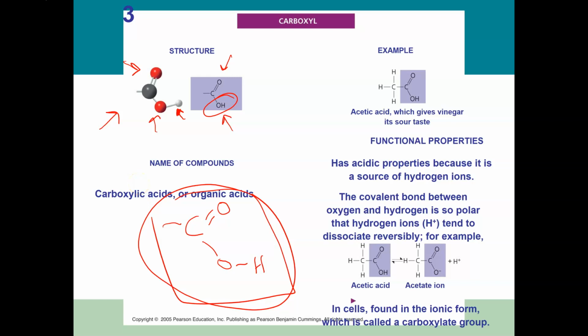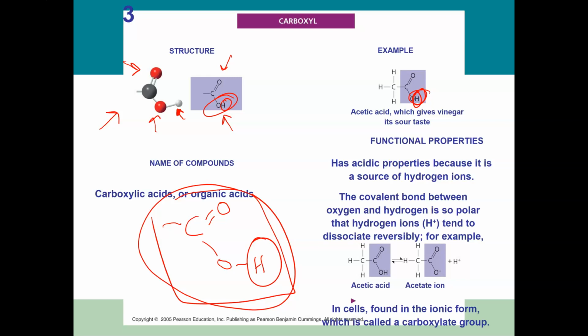All right, well, so what's important about carboxyl? Well, carboxyl is actually an acidic group because the carboxyl group will give up the hydrogen. So this hydrogen that's right here will dissociate once the molecule containing the carboxyl is dissolved in water.